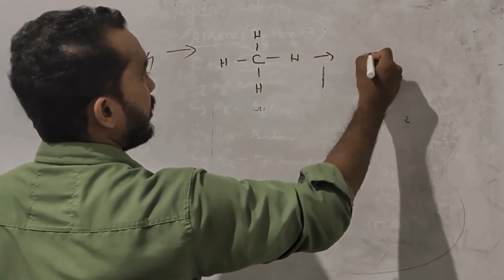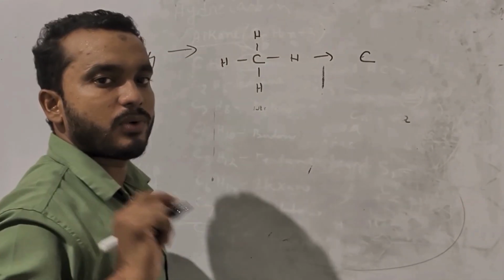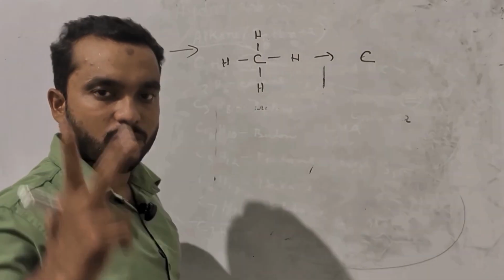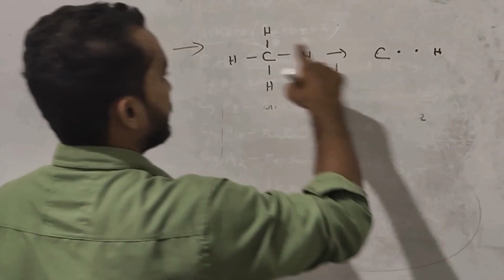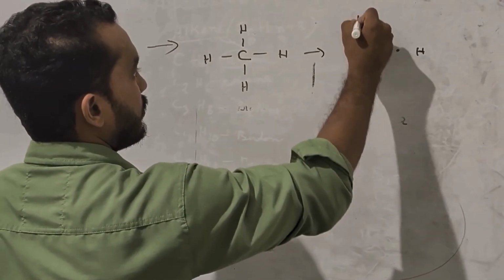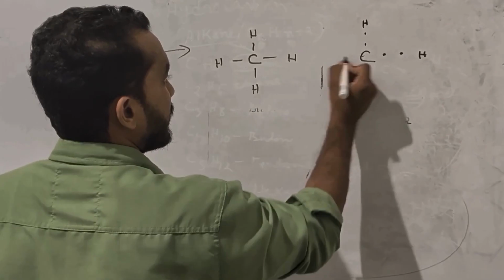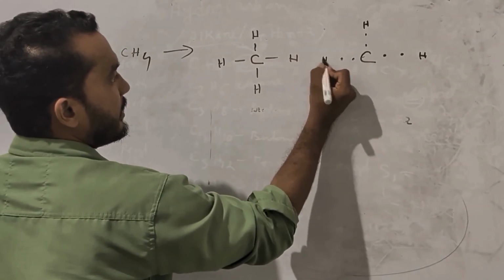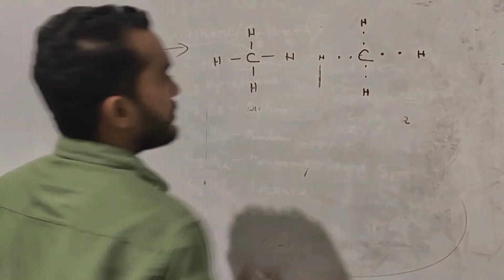You can draw it in the form of an electronic dot structure also. As I have mentioned in my earlier video, for one bond, how many electrons are involved? 2. So let me put here 2, and let me write here hydrogen. For this one bond, 2 electrons, then there will be hydrogen. For this one bond, 2 electrons, there will be hydrogen.